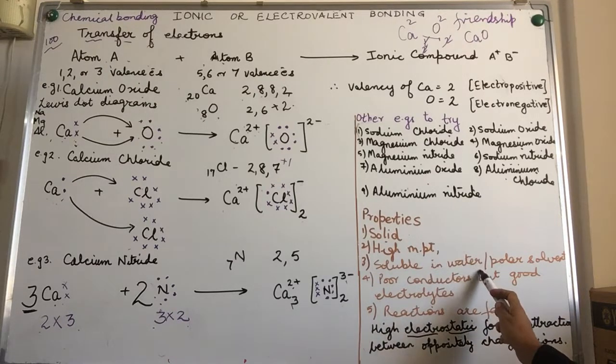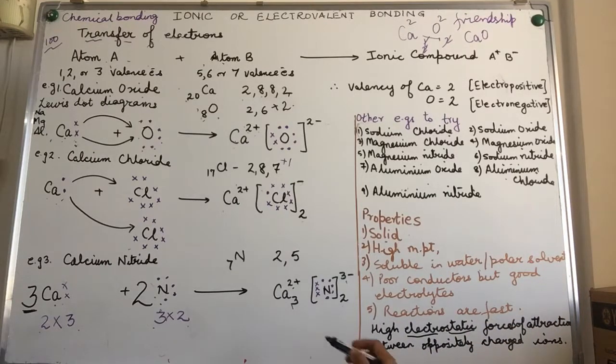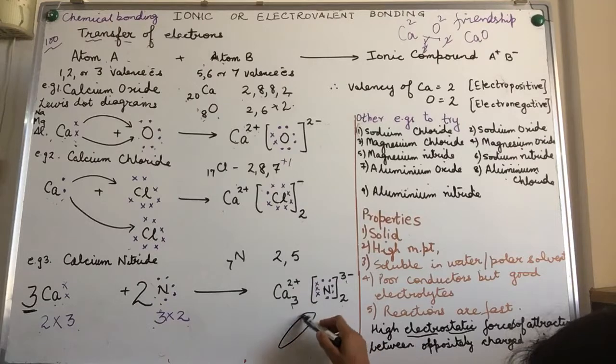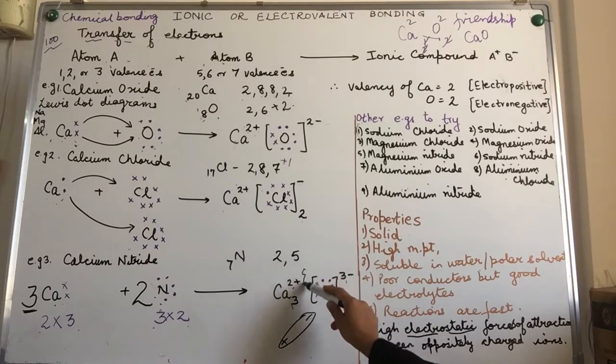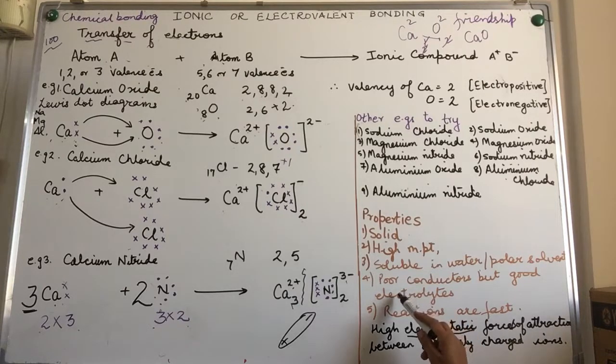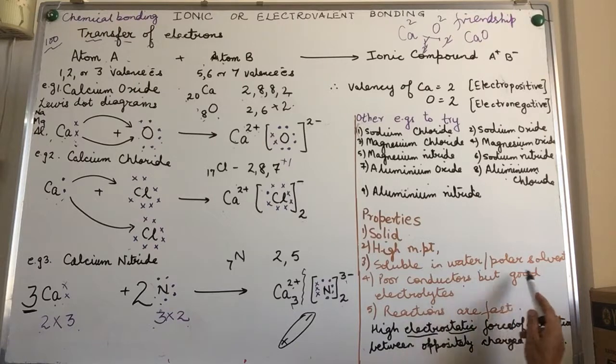They are soluble in water or polar solvents. Why? Because a water molecule has ends which are positive and negative. We shall discuss the details of this in the third video in the series. So positive and negative charges are able to separate the ions, making it soluble in water. They are poor conductors but good electrolytes. Now you'll be confused.